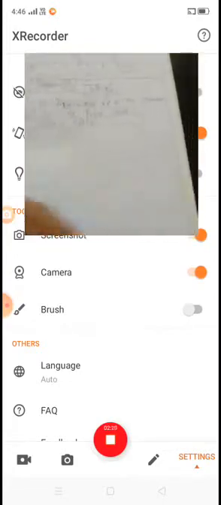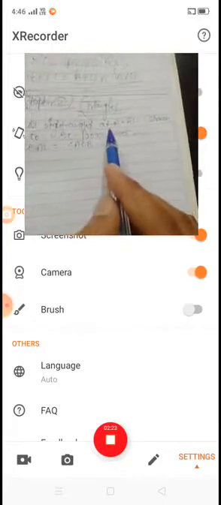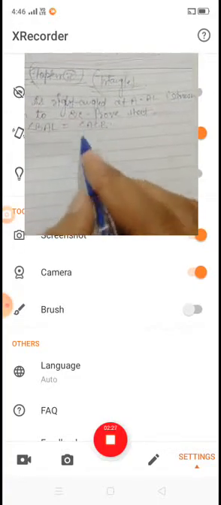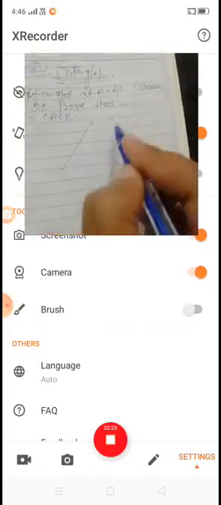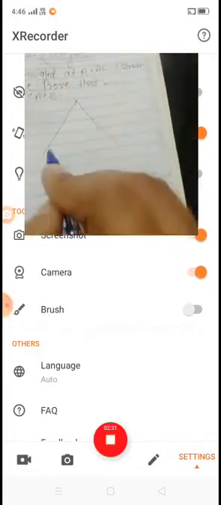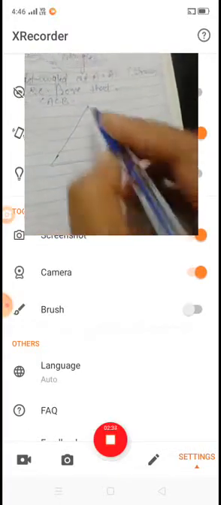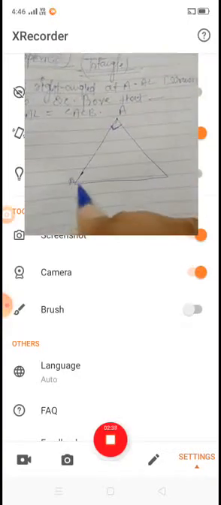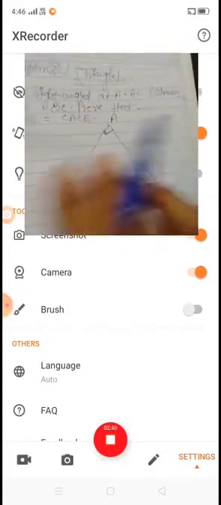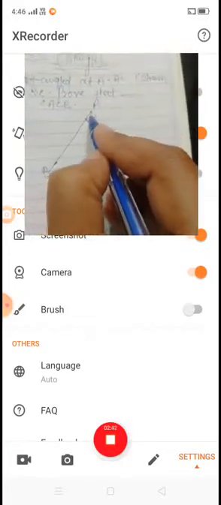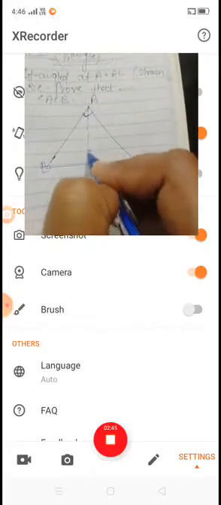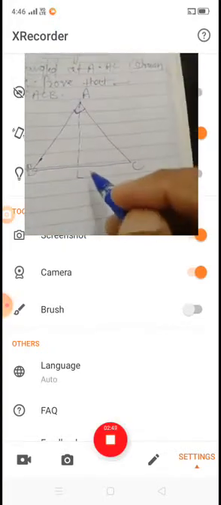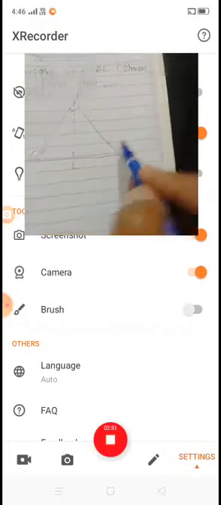First of all, we draw triangle ABC, right angled at A, and we draw AL which is perpendicular to BC.